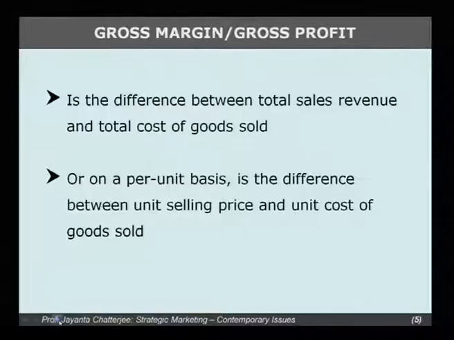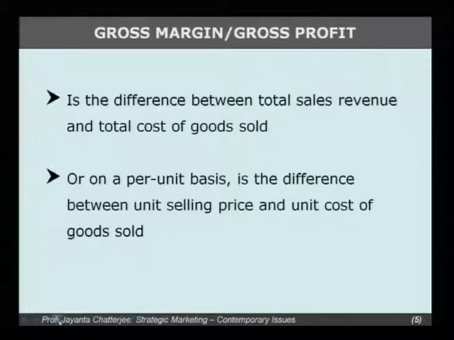What is gross margin? It is the difference between the total sales revenue and total cost of goods sold, and that means we are often not considering at this stage costs like the cost of money, or what we call interest cost, and tax and so on.